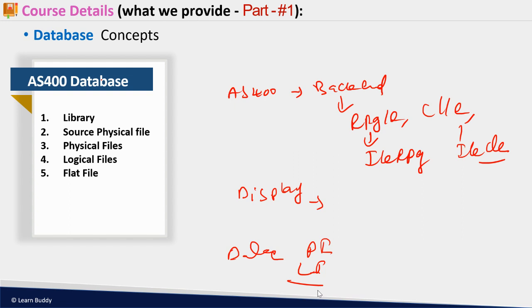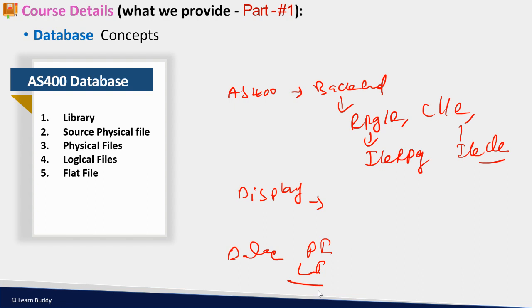So now you understood, right? AS400 has backend programs. The backend programs are RPGLE and CLLE, and we can write SQL RPGLE also. For advanced level, there is ILE RPG and ILE CL. For the front end you don't need to depend on anything like HTML or CSS, because AS400 has an integrated front end system, the display files feature.